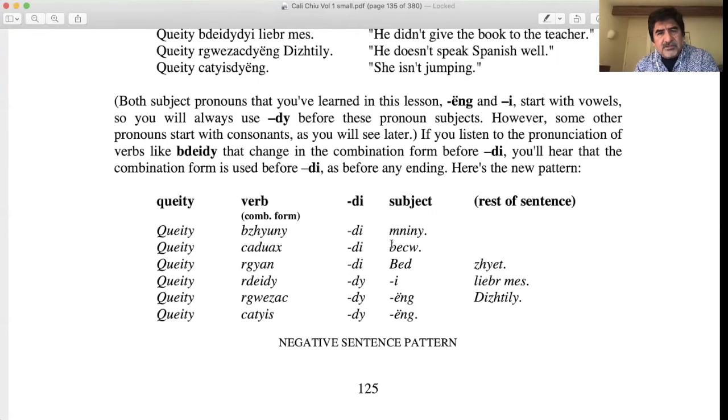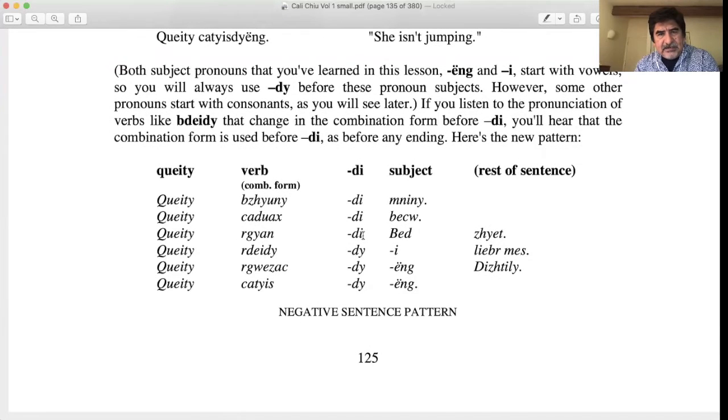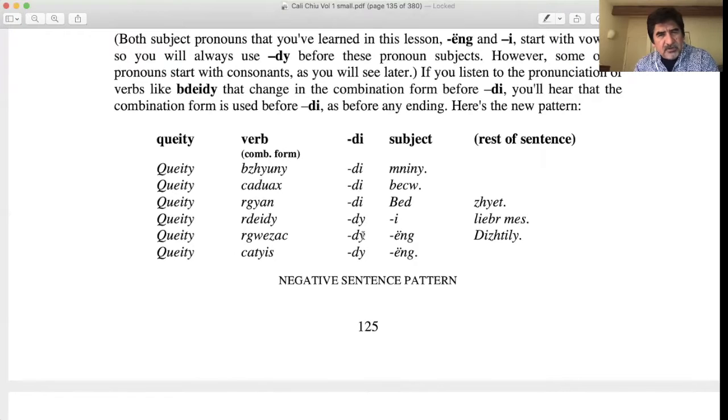So this is consonant, di, consonant, and di. I hope you can see the pattern there. On the other hand, if the subject starts with a vowel, then we use the dy.